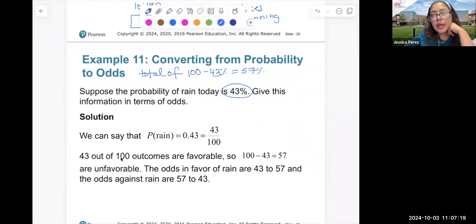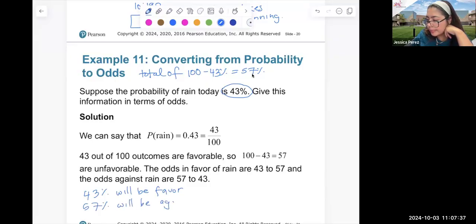So 43 out of 100 are favorable. What is unfavorable? The 57%. So 43% will be in favor, whereas 57% will be against. So the odds in favor of rain are 43 to 57. These are the odds in favor.